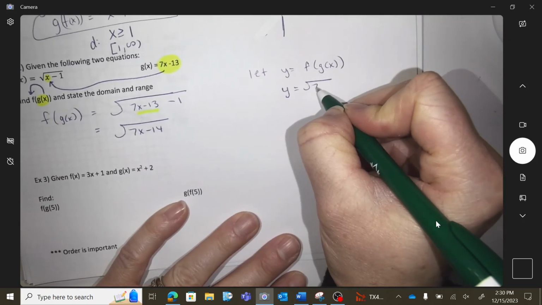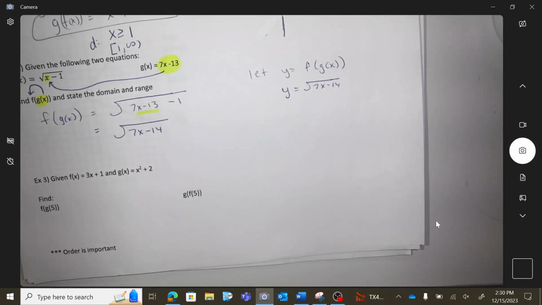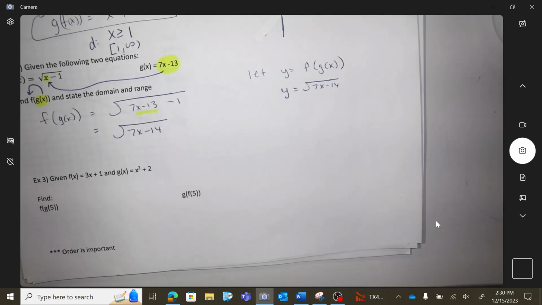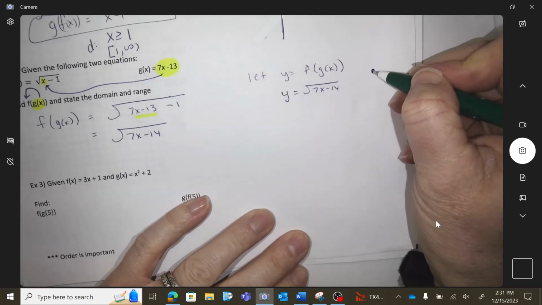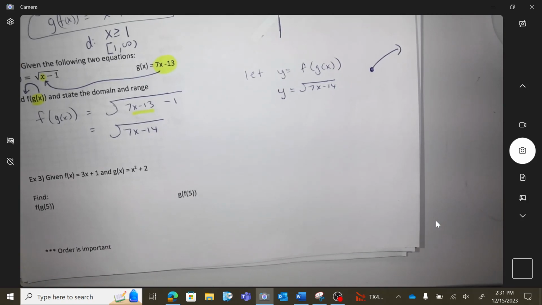So if I want to graph this new function and I've labeled it let y equals, I can do that if I define that. How do you graph a radical? I need to know transformations. You got to go back to transformations. Transformations of my radical are important because then I know where to start it and how to maneuver it, right? Okay, how do you start this out if I want to do transformations?